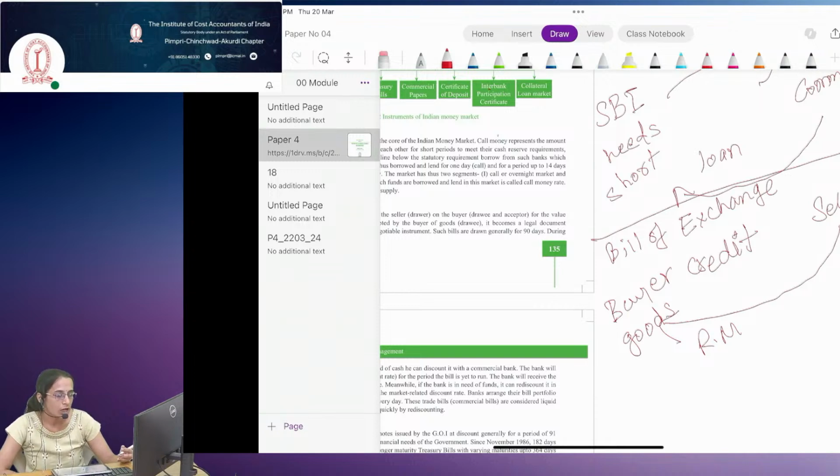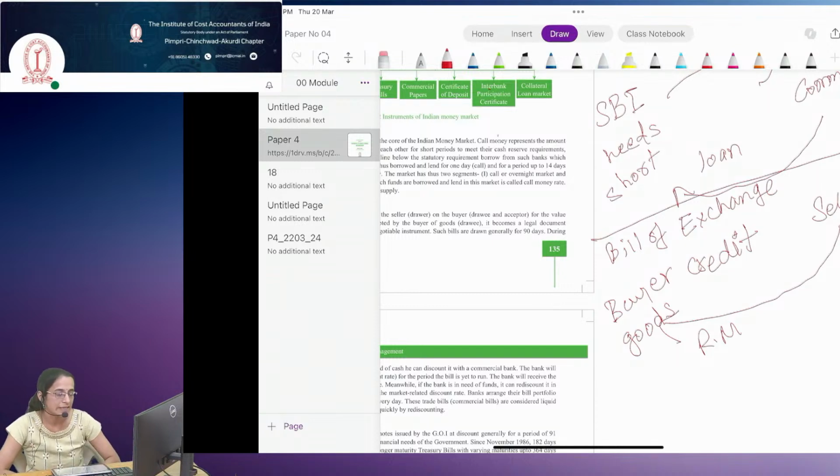So now the seller will naturally be thinking that if the buyer does not pay me, so the seller will ask the buyer to give in writing that you will pay the amount of the goods purchased within a specific duration, that is 2 months, 3 months.